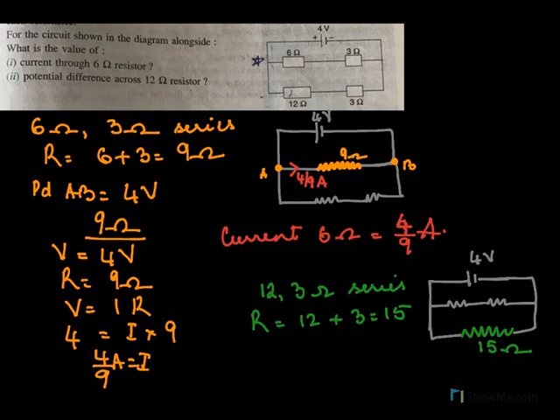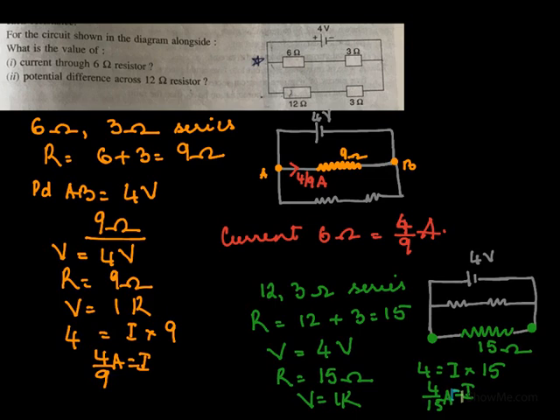To find the current in 15 ohms, we need to find what is the potential difference across these 2 points. And because it is in parallel, we know that the potential difference will remain the same, that is 4 volts. And the resistance here is 15 ohms. So when we use the formula V equal to IR, we know V is 4, I we do not know, and the R is 15.